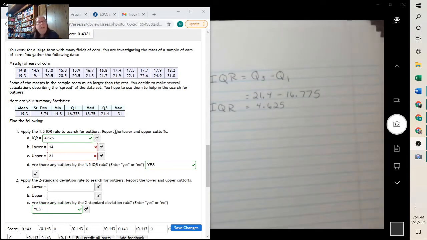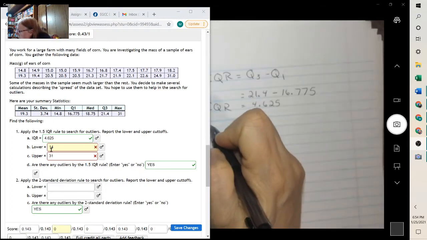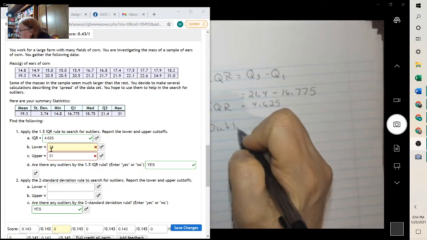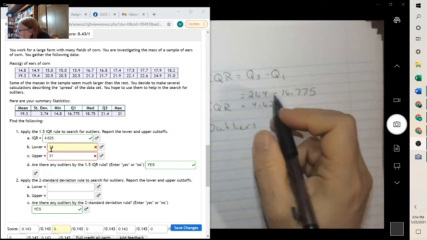To find, the next one says the lower and upper cutoffs. So a value is an outlier if it's lower than or below.